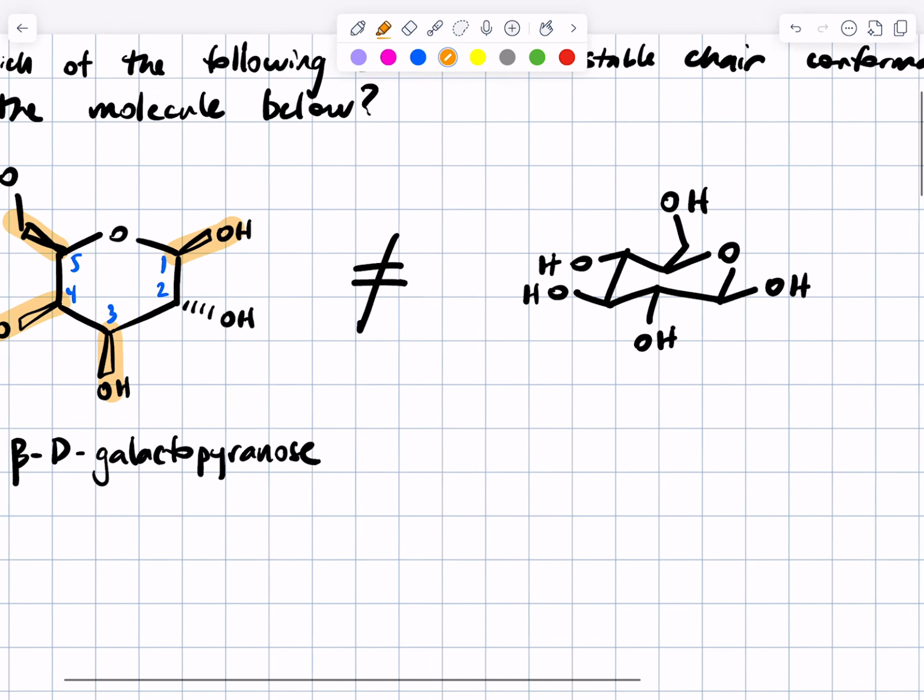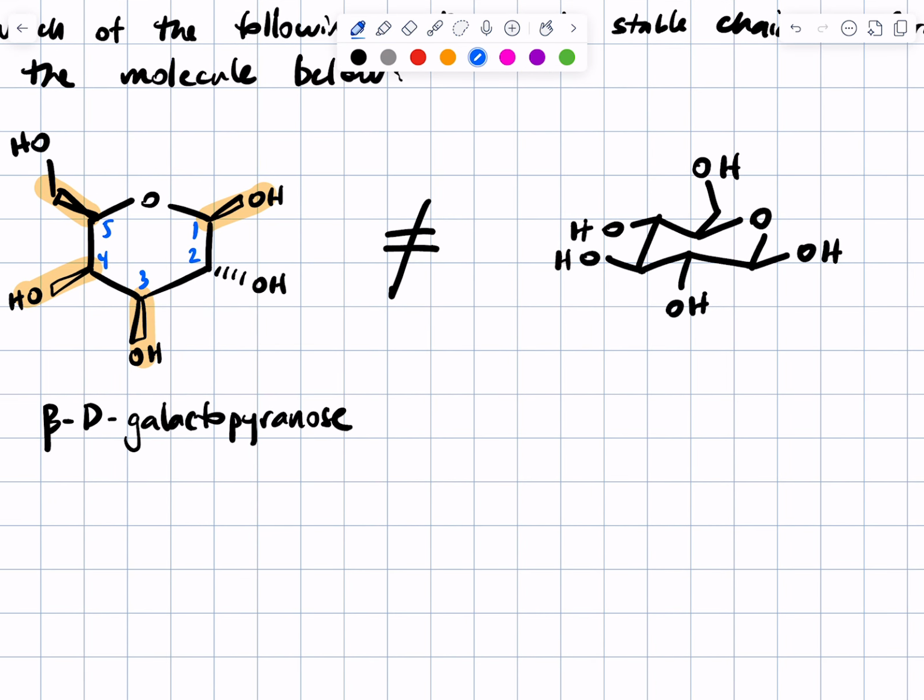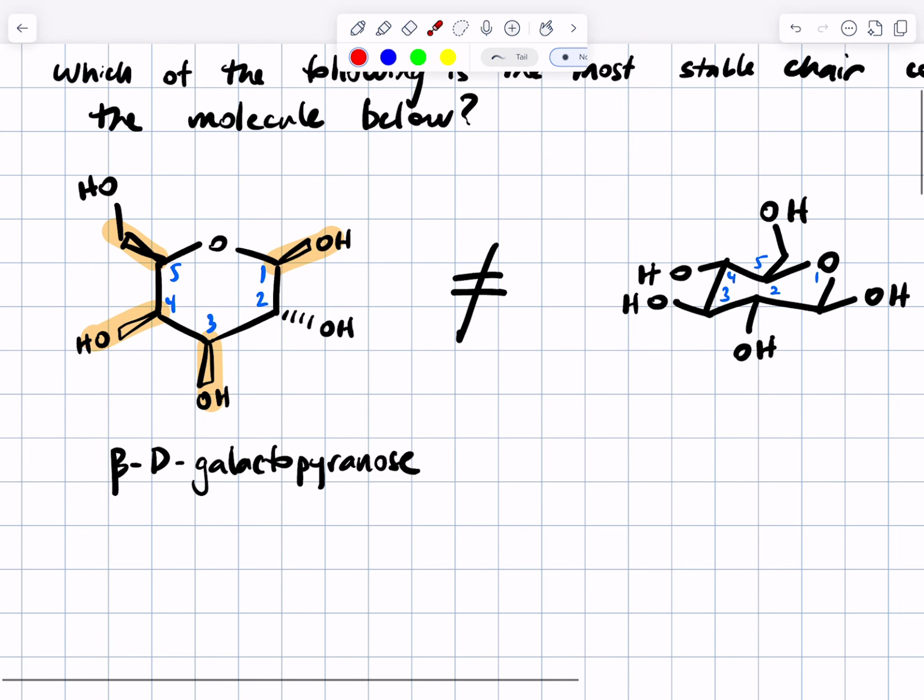Now let's go look at those carbons, 1, 3, 4, and 5 that have up groups, and let's see whether they are up in the chair or not. How can you tell whether they're up in the chair or not? Two ways. First, as we look at this overhead view of the molecule, we're looking down on the molecule from above.